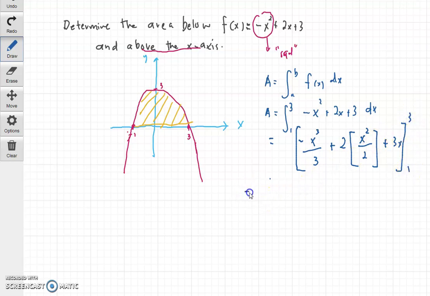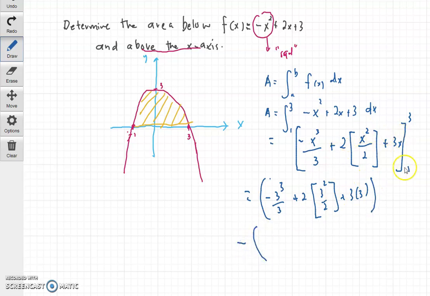Next, we are going to replace all the x here with 3. So you are going to get negative 3 to the power of 3 over 3 plus 2 times 3 to the power of 2 over 2 plus 3 times 3. Okay, this is the first part. Then you are going to minus it by replacing all the x with negative 1.